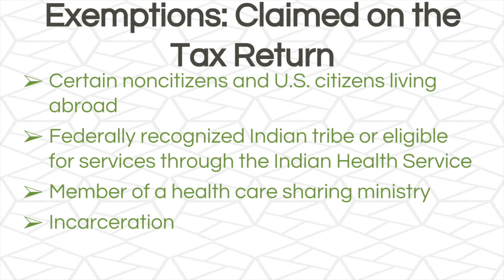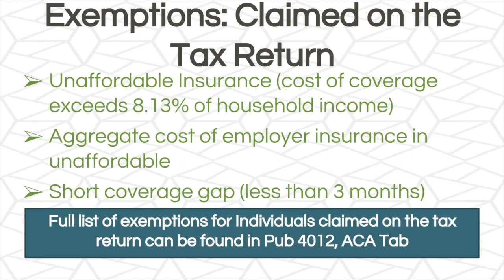Okay, so some of the exemptions you can claim directly on the tax return. So certain non-citizens and U.S. citizens living abroad qualify if they are a member of a federally recognized Indian tribe or eligible for services through the Indian Health Service, if they are a member of a healthcare sharing ministry, if they were incarcerated during the year, if they have what's considered unaffordable insurance, or the cost of coverage exceeds a certain percent of household income. This number right here does change year to year. A couple years ago it was 8.13.